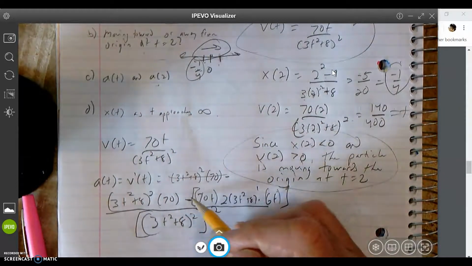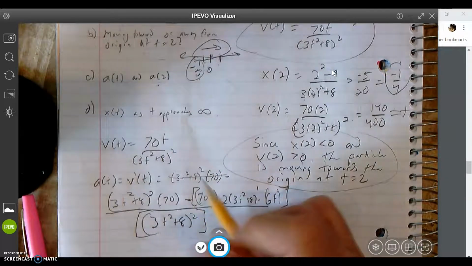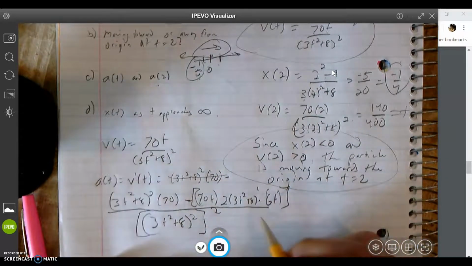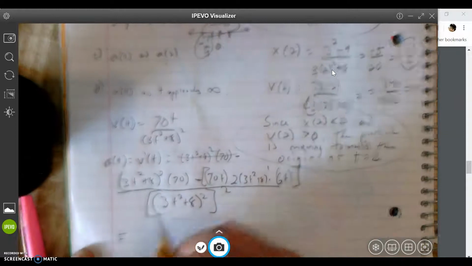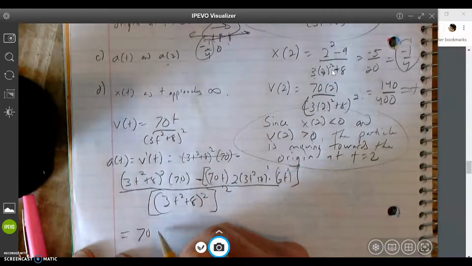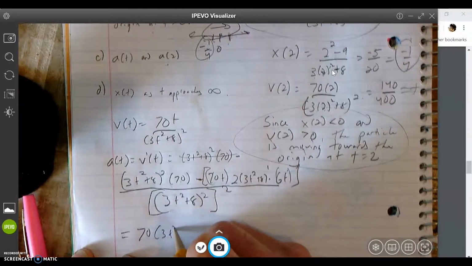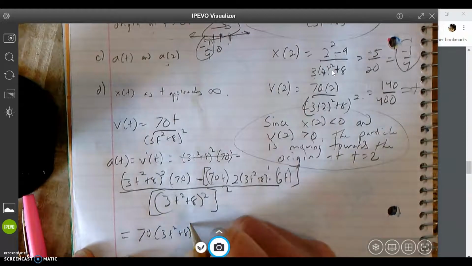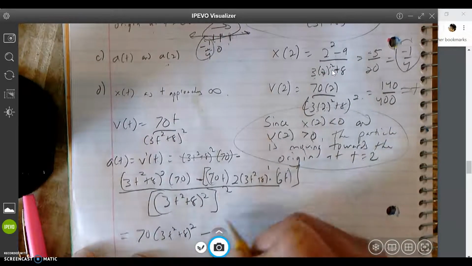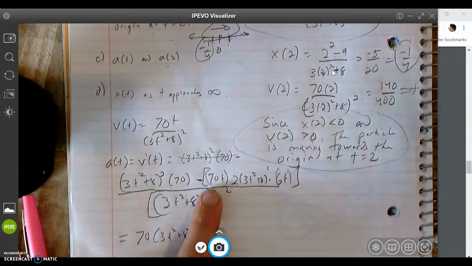So it's probably in your best interest to simplify a little bit because you have to plug in 2. So let's do that. So that equals 70 times 3t squared plus 8 squared minus, so we got all this garbage going on in here.